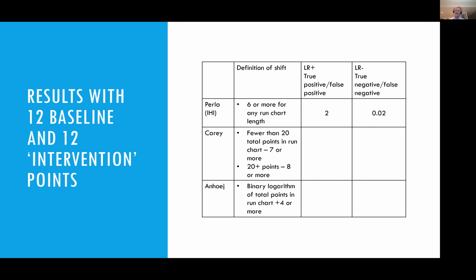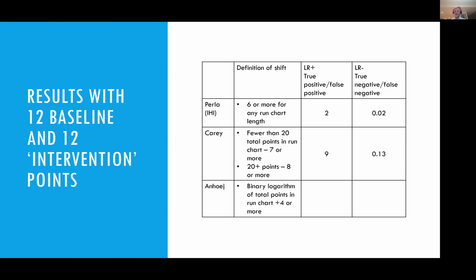A negative likelihood ratio of 0.1 means that for every 10 negative results, you're only going to get 1 false negative. Okay. The Carey rules perform much better on that positive likelihood ratio. They had a 9. So again, that means that if you see a positive signal, a shift that meets the Carey rules, you can be pretty sure that it's correct.